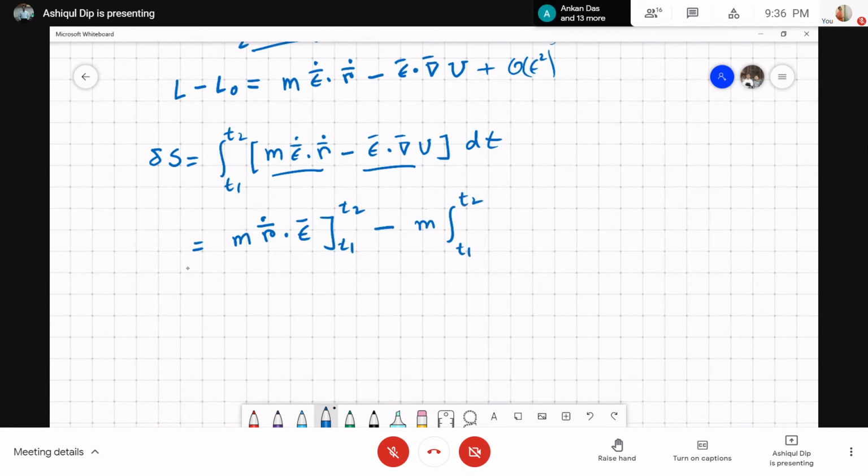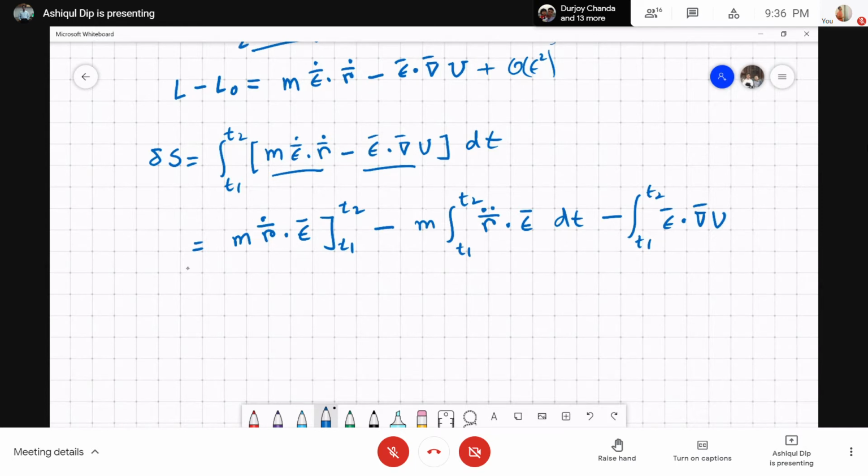Now you integrated epsilon, so you have to differentiate r dot. So it gives you r double dot epsilon dt, and then negative integration t1 up to t2 of epsilon dot grad U, right?